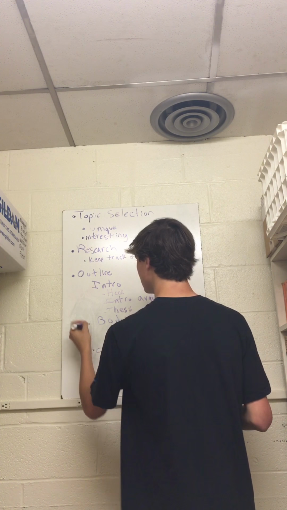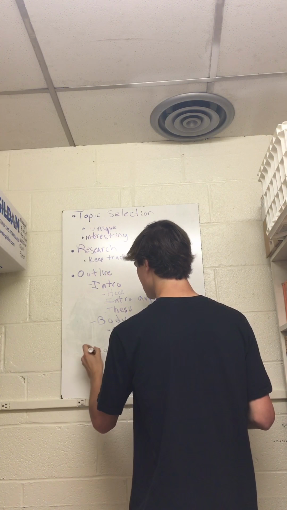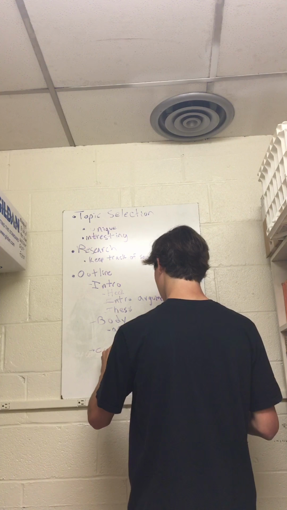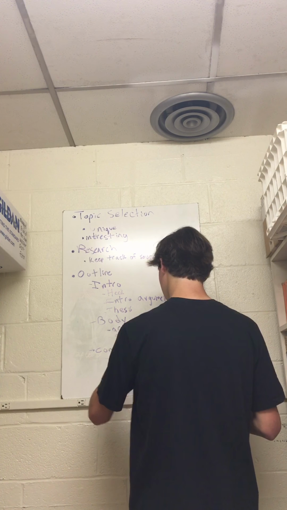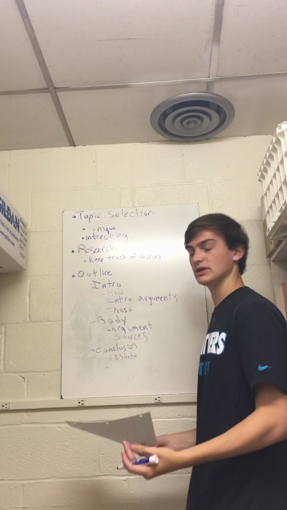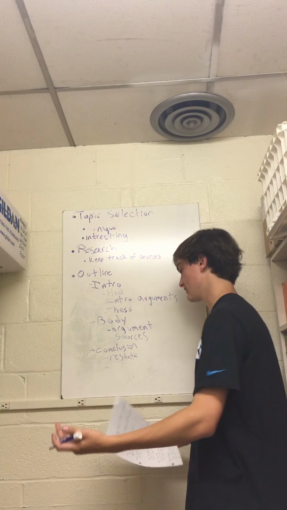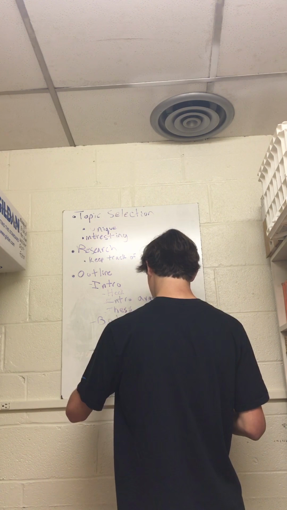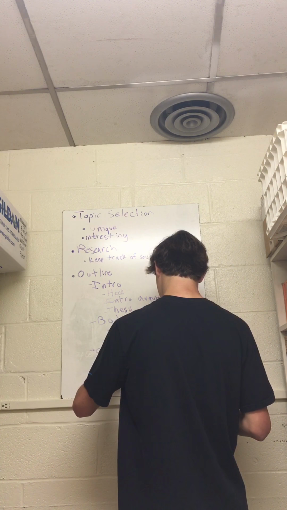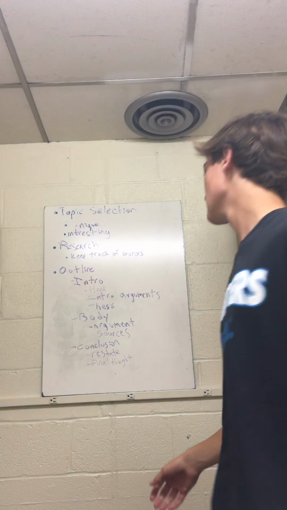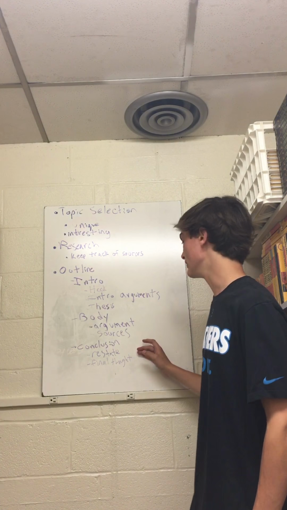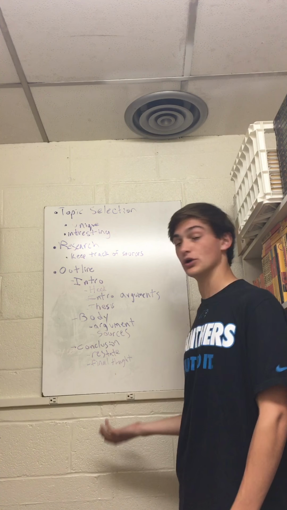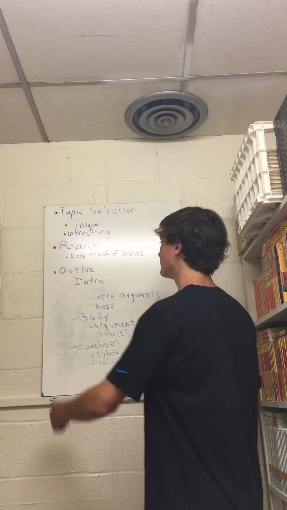And the conclusion would basically re-summarize your other arguments and basically leave the reader with a final thought, something to take away from it. The final thought should leave the reader with a final understanding of your argument, and they should walk away agreeing with you if your paper is successful.